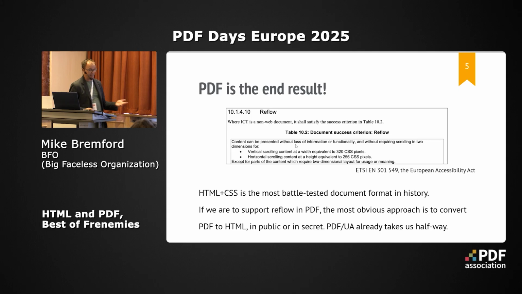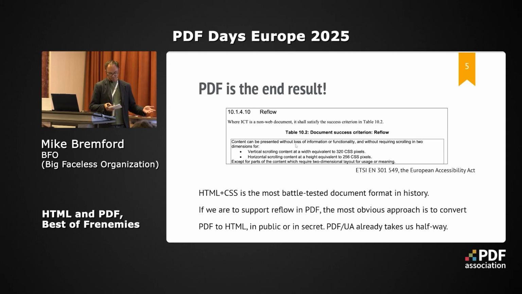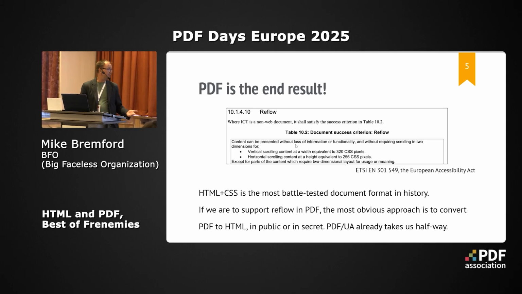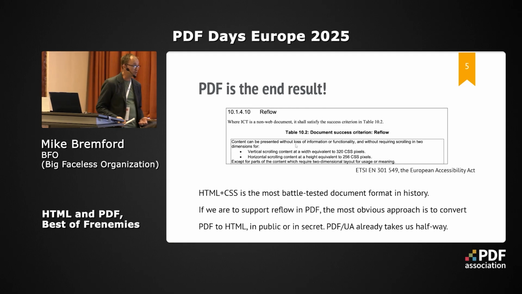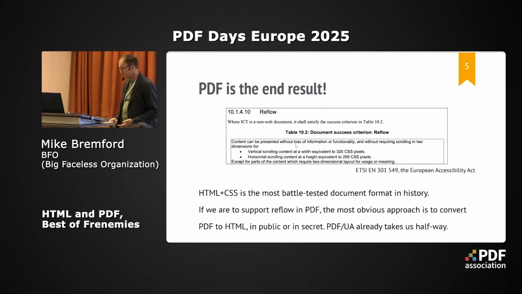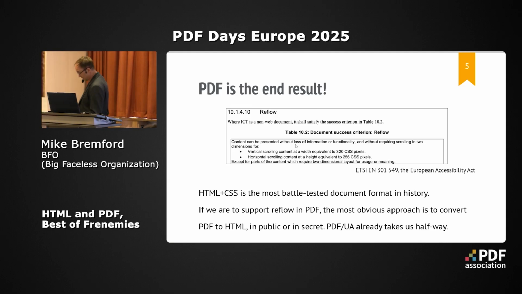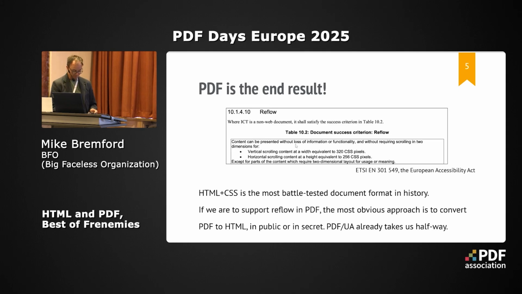And once we have HTML, well, we can display it anywhere on any screen size. And of course, if the European Accessibility Act is the concern, then the documents we're starting with are already PDF/UA. All the semantic content is tagged by definition. That's most of the work done.